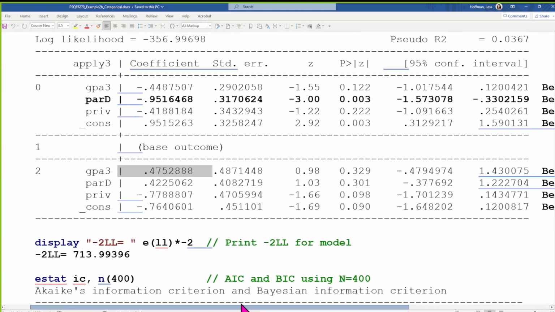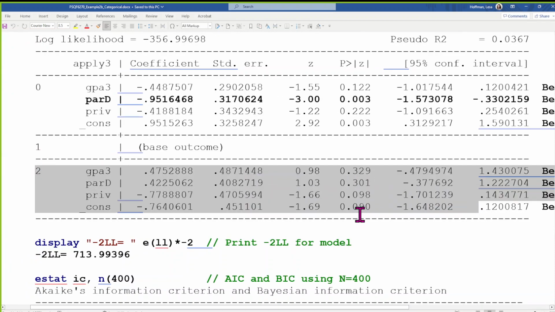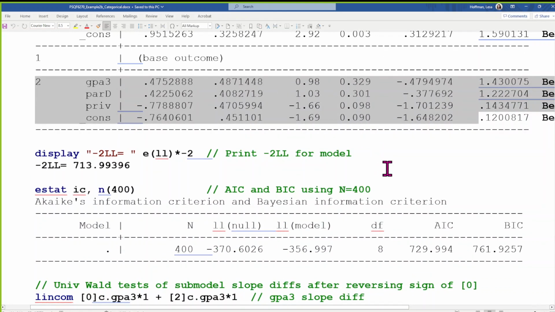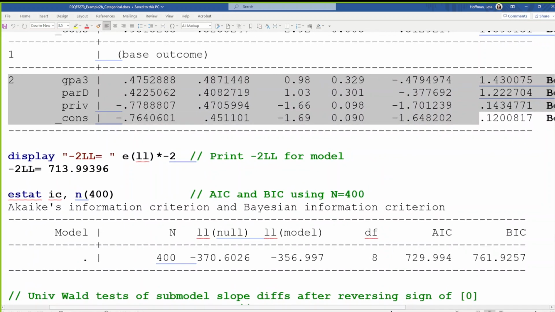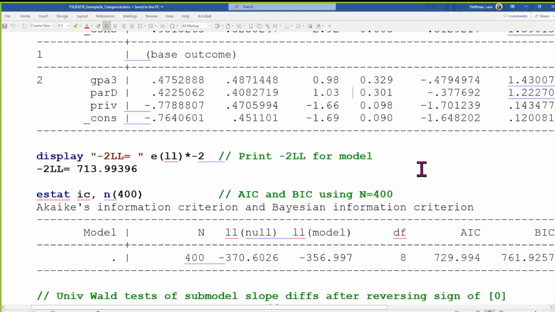Let's see, what's another one? None of the slopes in submodel 2 here are significant. Any ideas why that might be? Sample size, yep. These are slopes only for people who answered 1 or 2, and that's less than half the sample.